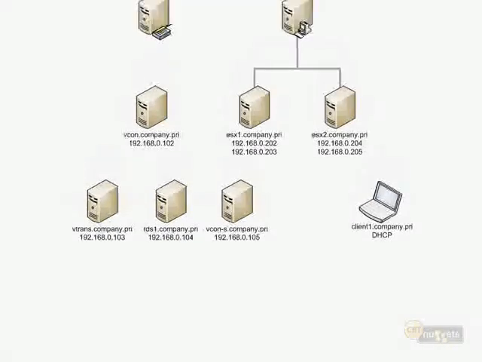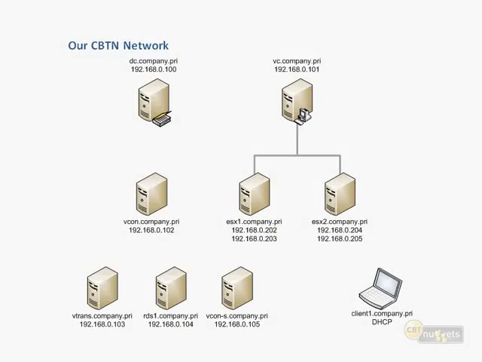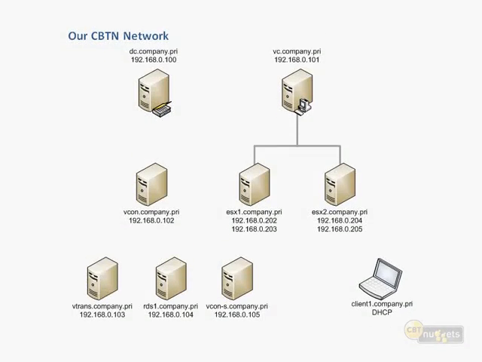We are going to slowly be creating this entire CBT Nuggets network of a very large number of virtual machines. And I'll tell you what, I am operating the entirety of this infrastructure, all of these machines, off of an Intel Core i7 2600K processor.